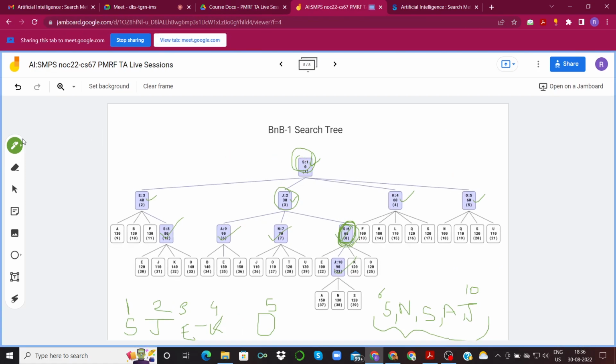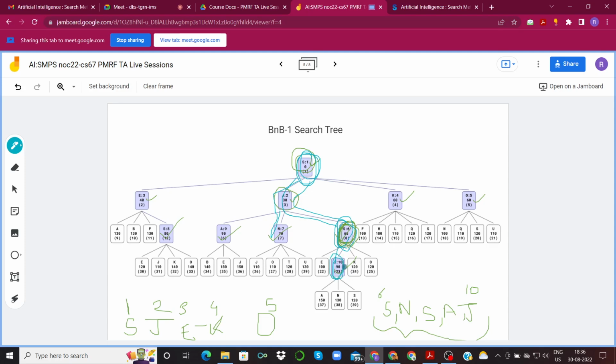Basically, what I mean to say is, after considering this S over here, we were still allowing us to go back to S. For example, this path, S to J back to S. Similarly, we can find another example: S to J to S to J again.